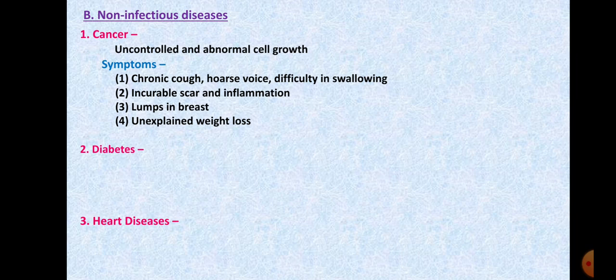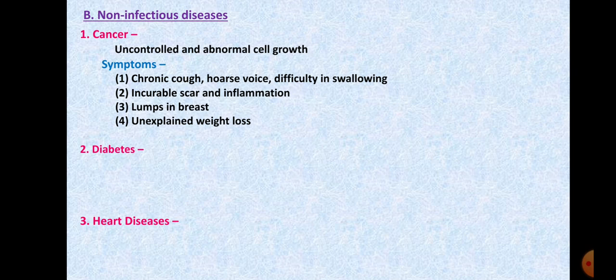Then what about the symptoms? The patient has a chronic, severe cough. The voice changes. Like when we have cold and cough, our voice changes, it becomes hoarse. And due to the irritation and infection in the throat, swallowing food, even water, becomes very, very difficult.